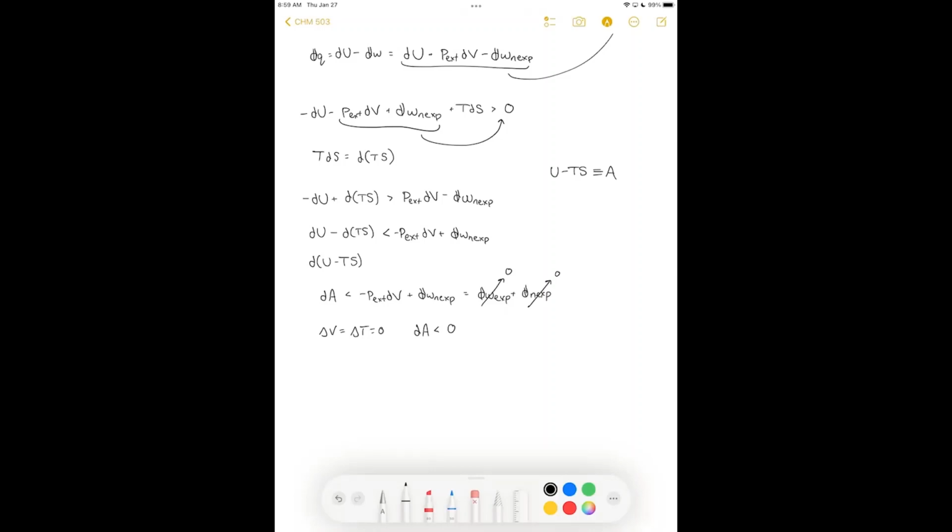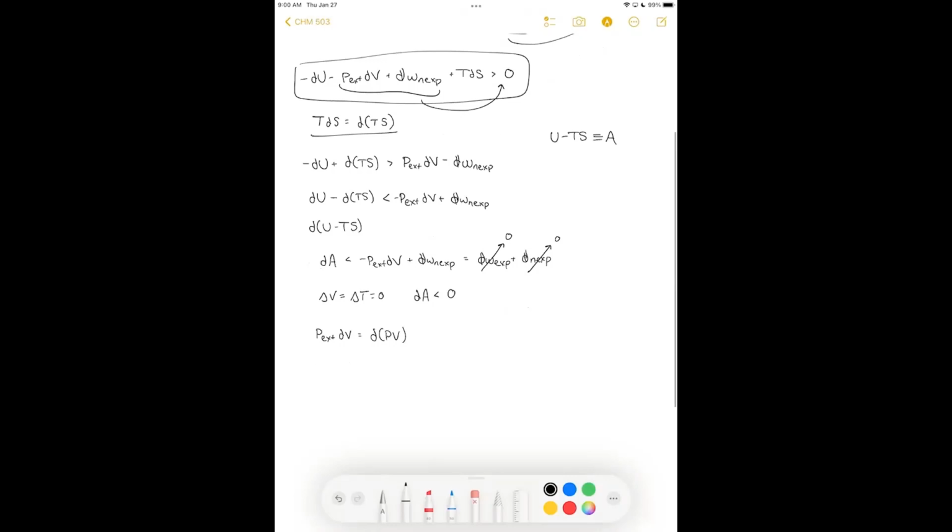In this case, what do we have? Well, we'll use the same inequality that we have up here. So we'll take this and evaluate it under constant temperature and constant pressure conditions. Our constant temperature conditions give us the same TdS equals dTS, but our constant pressure conditions will give us that P external dV is also equal to d(PV) because the pressure is constant.